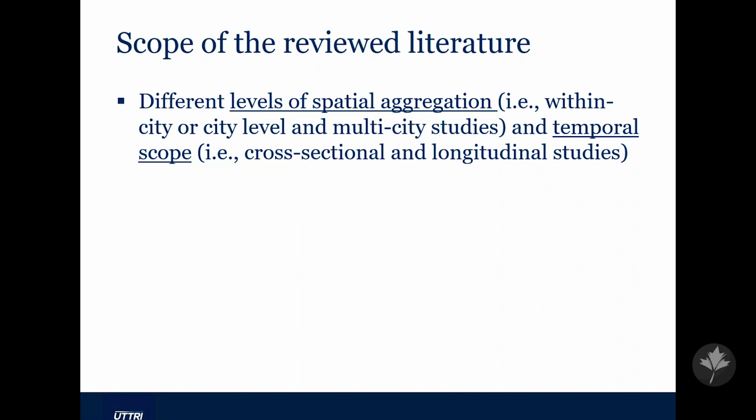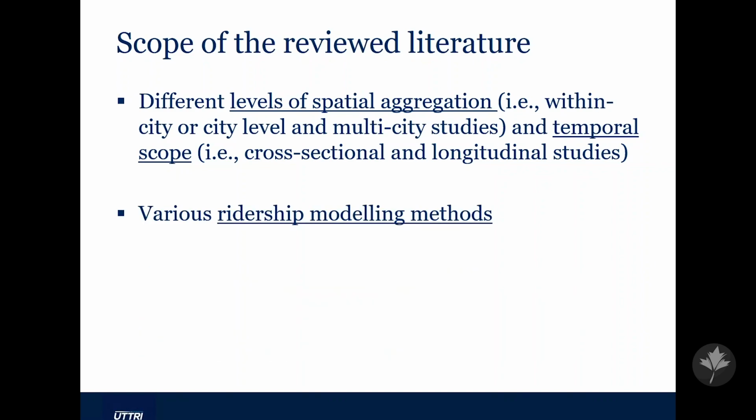In other words, they didn't really look at variations over time, whereas other studies looked at longitudinal and temporal variations over time. And we've also seen a variety of modeling methods that were used by different studies. Some of them used simple regression models, others used more sophisticated models.